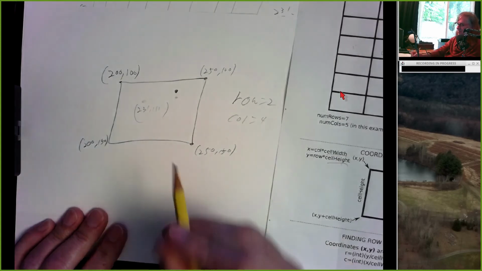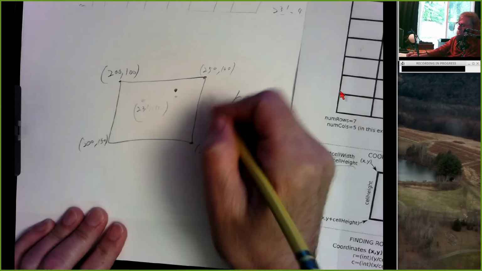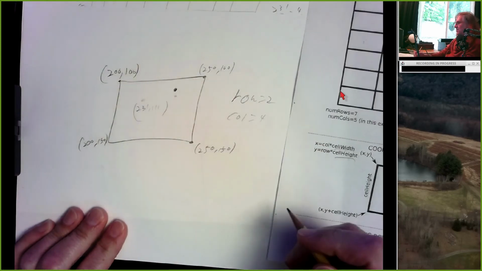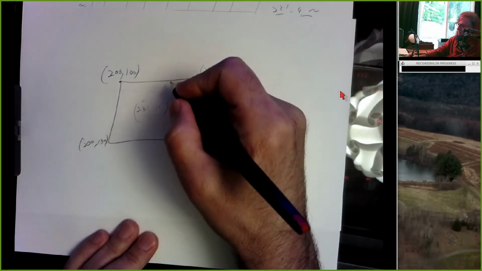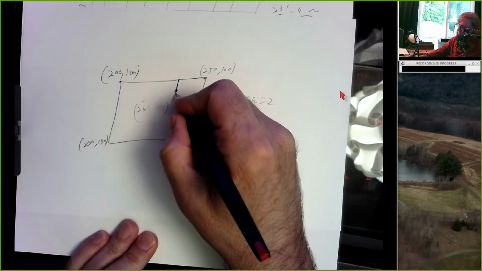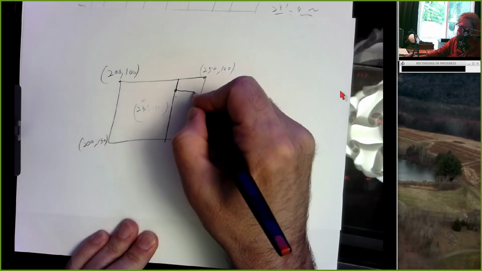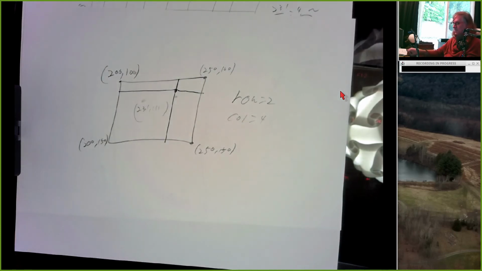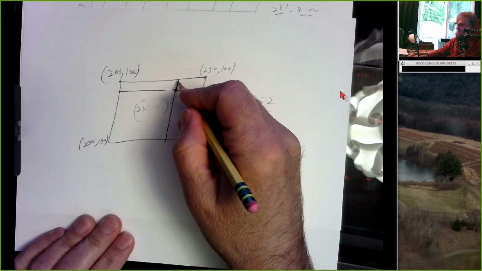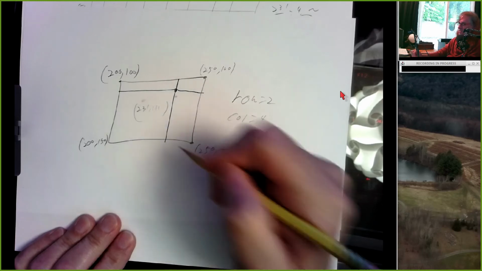All right, so we've got the coordinates of each corner, and we know the coordinates of the point we're interested in. The next order of business is figure out your straight line distance to each of the four edges. So what's the shortest distance from this point to the top edge? What's the shortest distance from this point to the bottom edge?